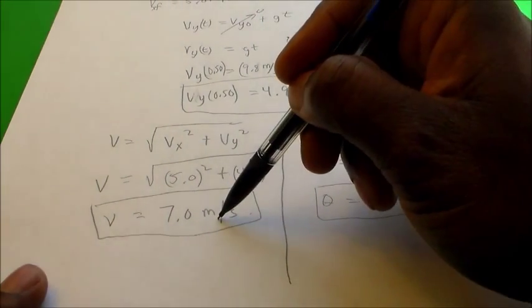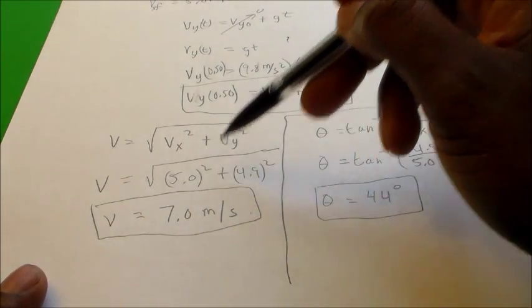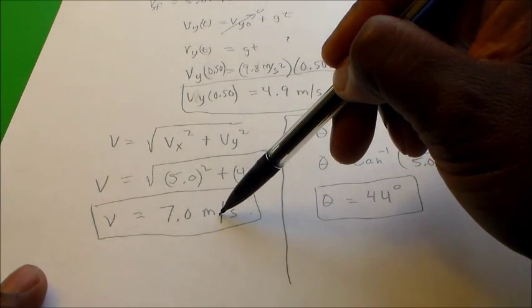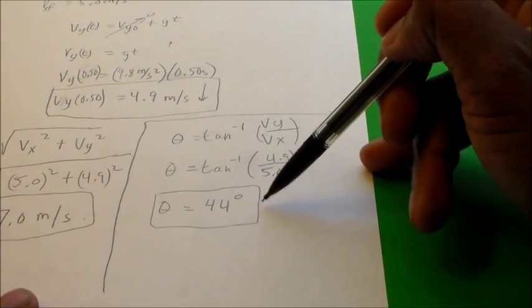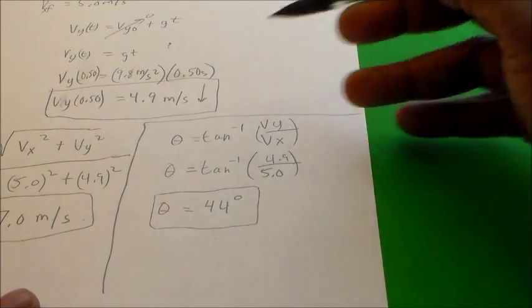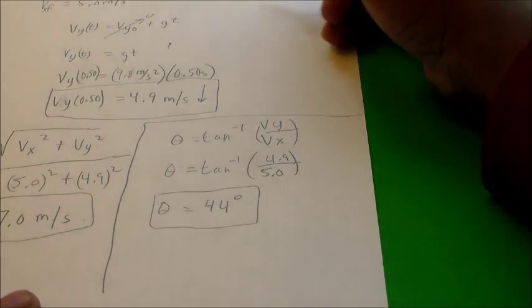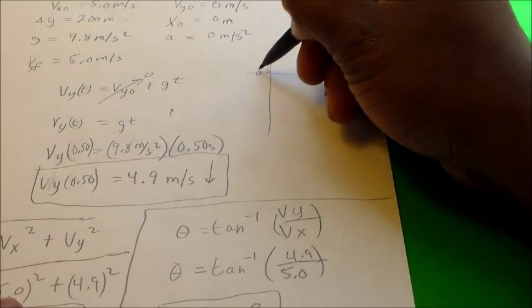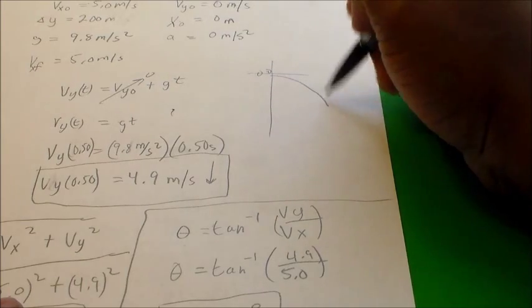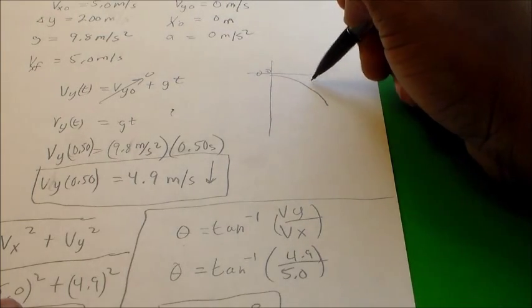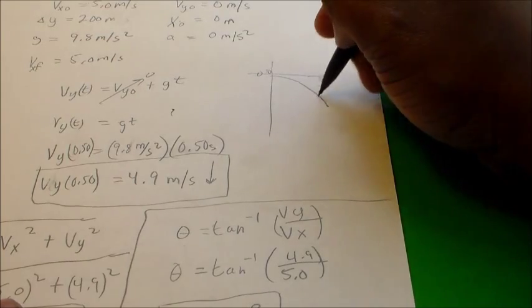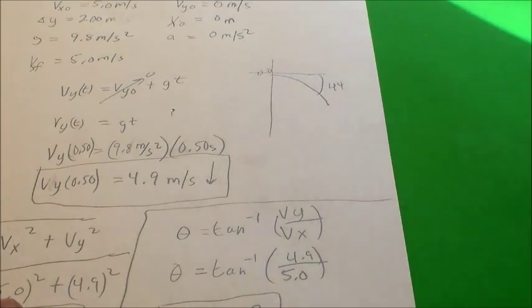So the driver at 0.50 seconds is moving 7 meters per second at an angle of 44 degrees below the positive x-axis. Let's suppose the biker is coming off the end here. That angle would be below the x-axis by 44 degrees.